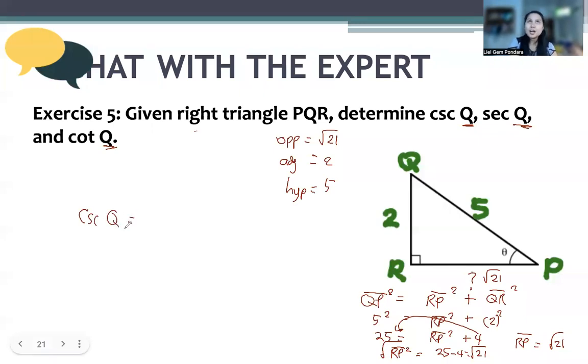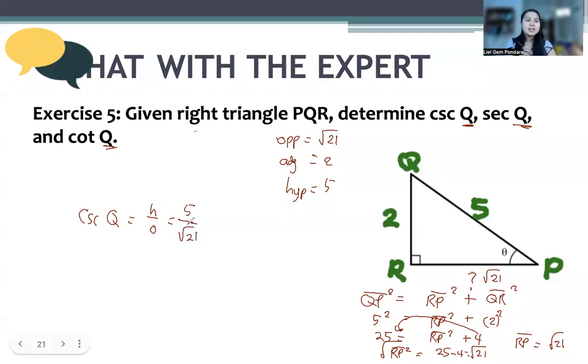Now we're looking for cosecant Q. Cosecant is the inverse of sine. What's the value of cosecant Q? Our hypotenuse is 5 and our opposite is square root of 21.